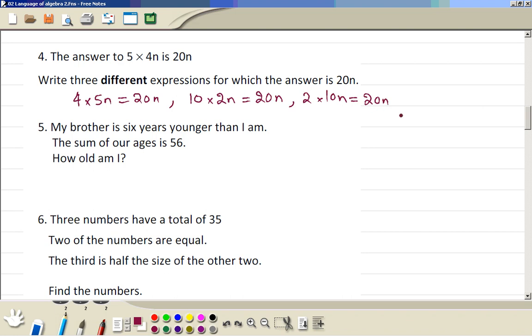Okay, there are many different ways. We can even have 5n plus 15n, this is equal to 20n.